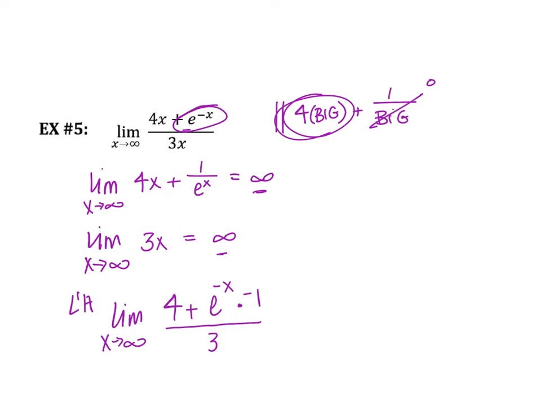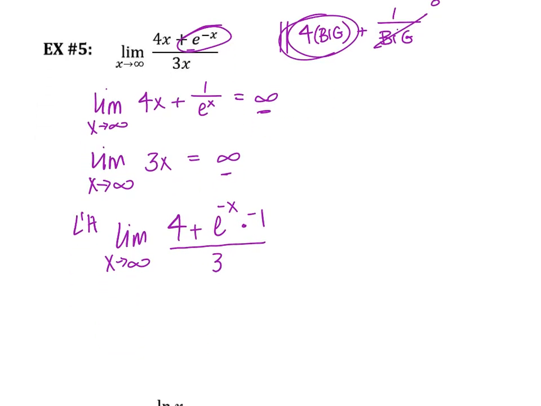And it's a little bit easier to tell what's going on here if we go through and rewrite this. So we see that we have the limit as x approaches infinity of 4 plus negative 1 over e to the x, or you could say minus 1 over e to the x, and then that's all over 3. And so again, that's going to be heading toward a 0, and so our limit is going to be 4/3.